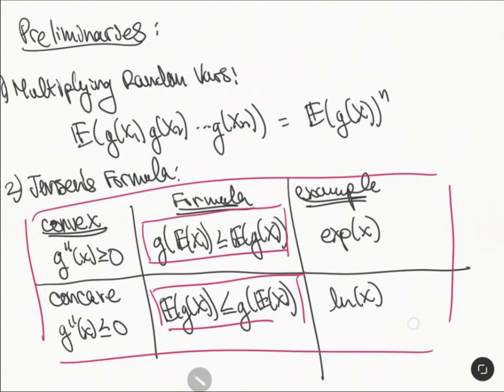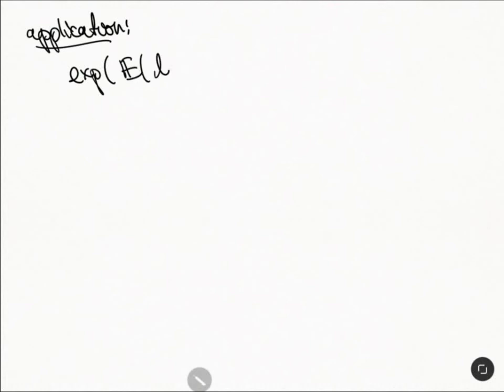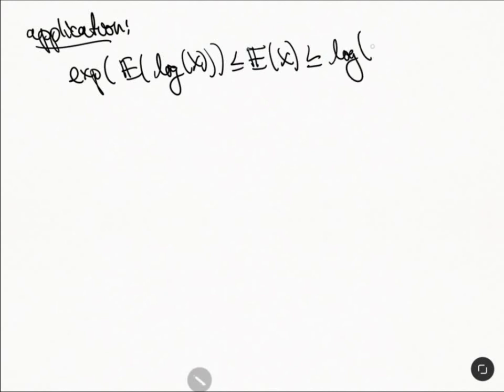One thing you can do with these is relate multiplicative and arithmetic averages. Another thing, as an application, is you could write things like: the expectation of x is less than or equal to the log of the expectation of the exponential of x.